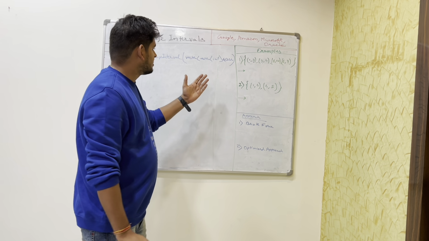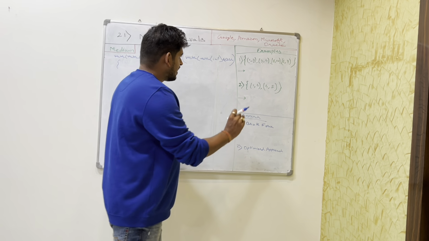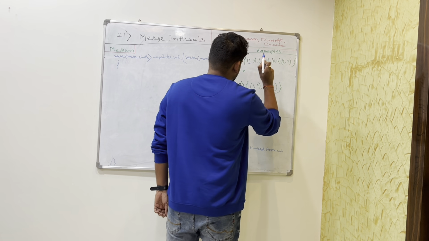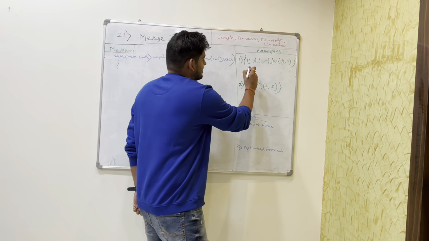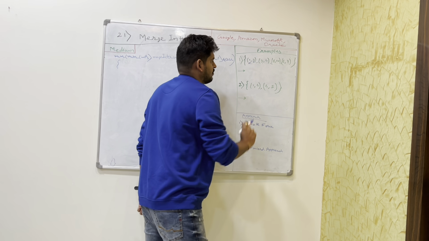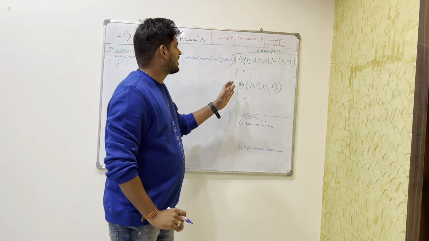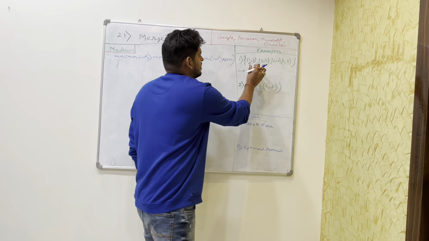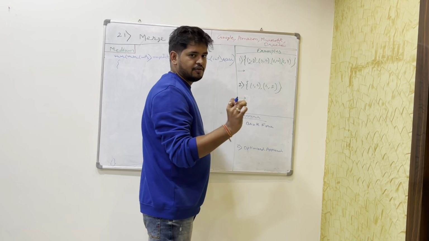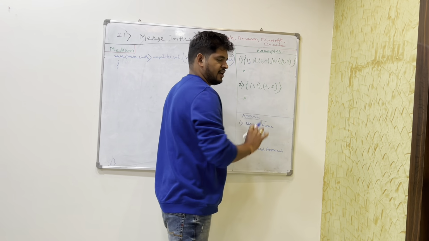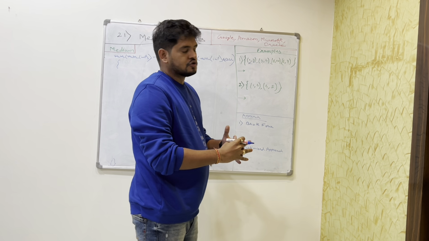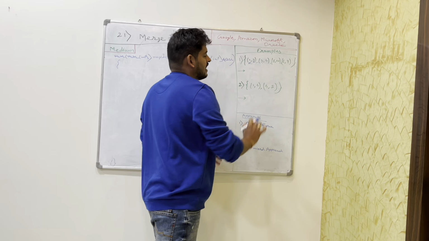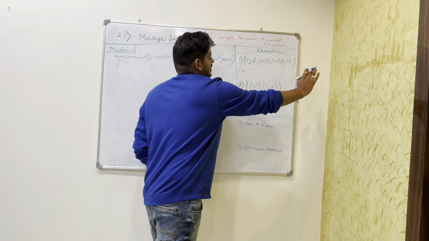A structure data type could also be there, but the idea is we will have a pair of values: a starting point and an ending point. We can consider it as a time interval: from 1 to 3 seconds we have a value, and then from 2 to 4 seconds we have a value. These two values are going to overlap. So we need to merge them, and we need to do this for all the values.